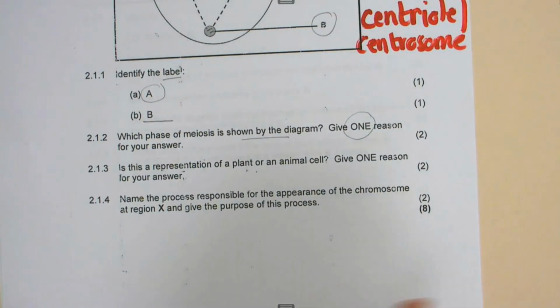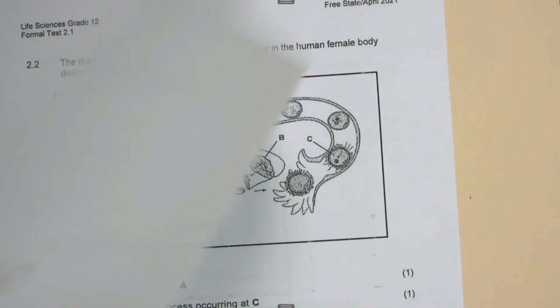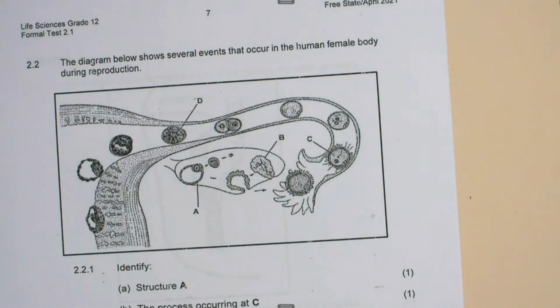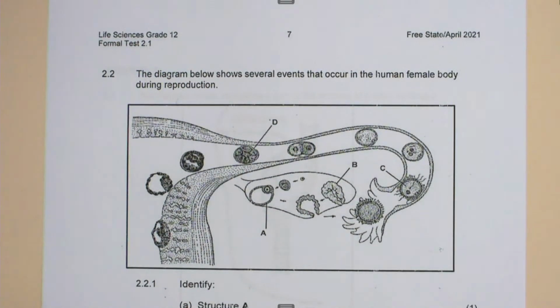That would be the end then of question 2.1, and that is 8 marks in total. If we turn the page, we go to the next part, question 2.2.